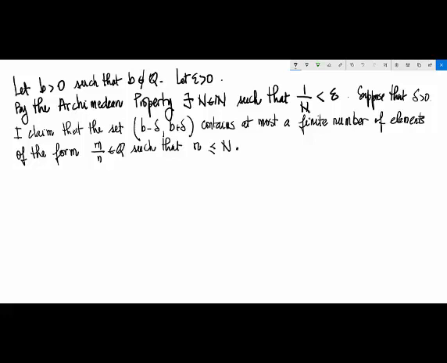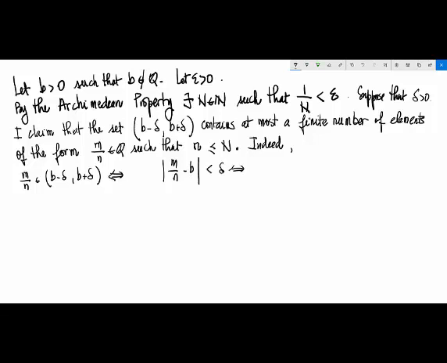So indeed, here is the reason why. Notice that if m over n is in the open interval b minus delta and b plus delta, this is equivalent to the fact that the distance between m over n and b must be less than delta.